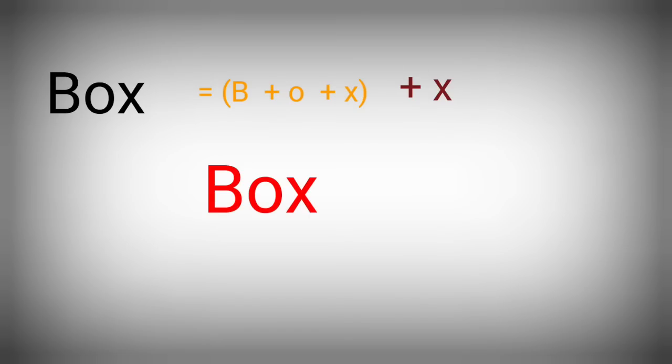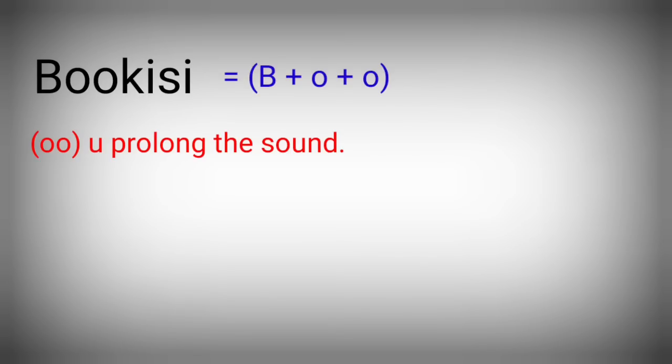Okay. In Luganda, box is bokisi. First three letters B, O, O. Please note, in Luganda, when we have double letters, we prolong the sound. Bo.